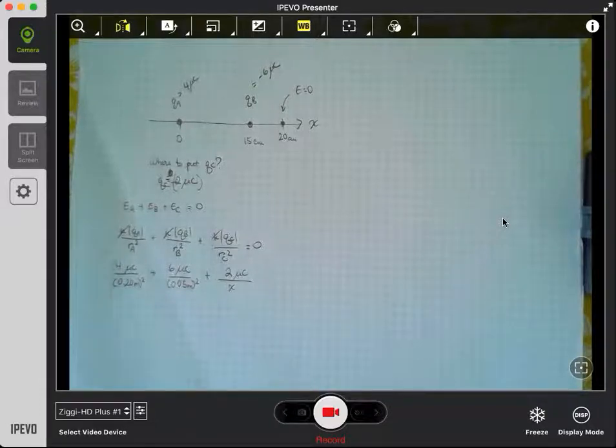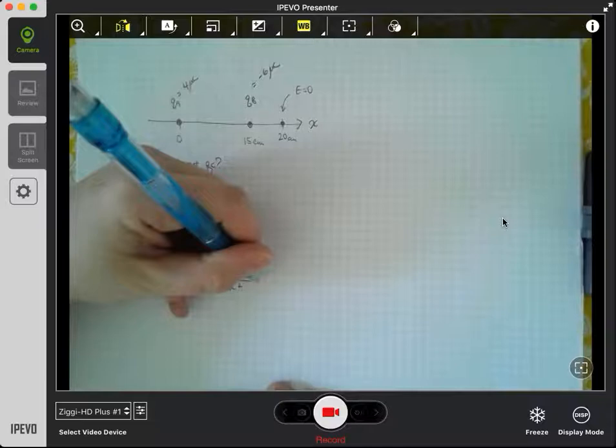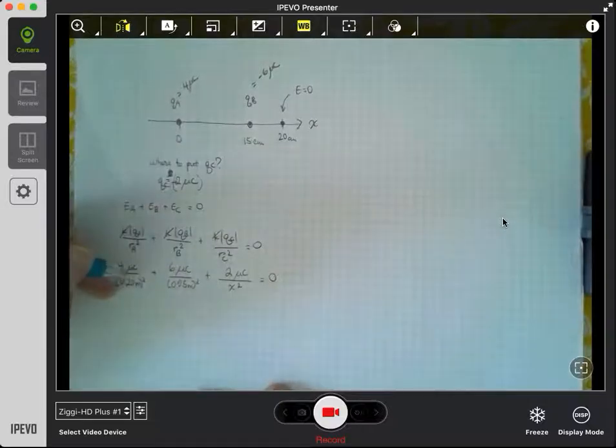We're not sure yet. X squared. This is equal to 0. All right, and then the micros show up everywhere, so we can get rid of those too.